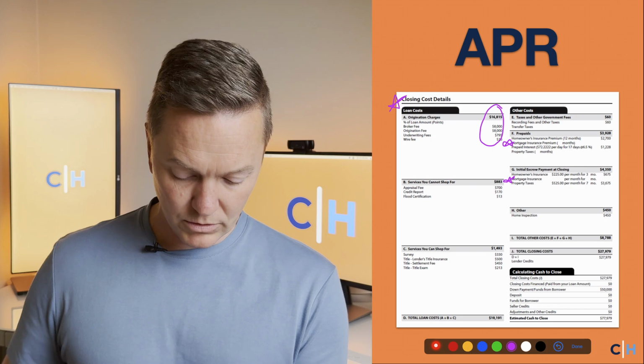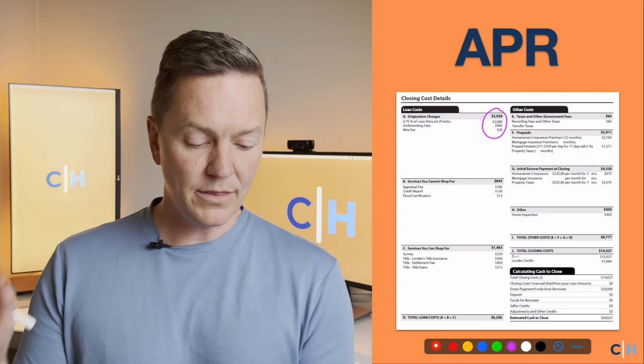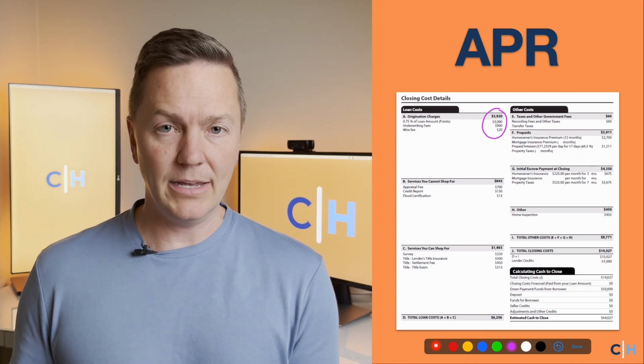This one would have higher loan costs. With this other lender, section A tells you the loan costs are closer to $3,900. So you want to look at the interest rate along with section A of the loan estimate to get a better picture of what you're actually spending for this loan.